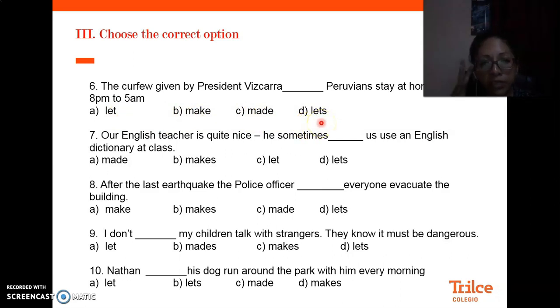What's the correct alternative? Once again, you have to read carefully each sentence and choose the best alternative. Don't forget to write your answers in your notebooks.